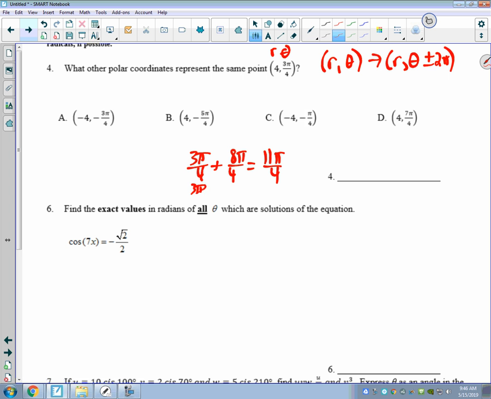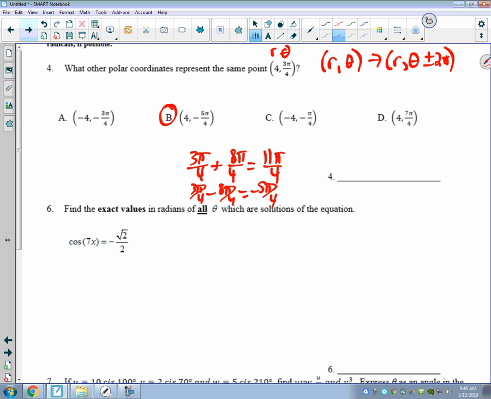If I subtracted 8 pi fourths, that would be -5 pi fourths. So r didn't change, but -5 pi fourths, that's an answer. 7 pi fourths is not an answer because 7 pi fourths isn't big enough. It's not 11 pi fourths.